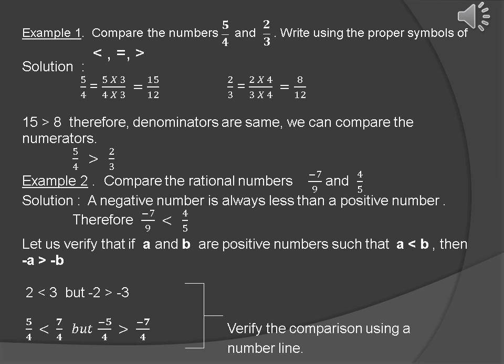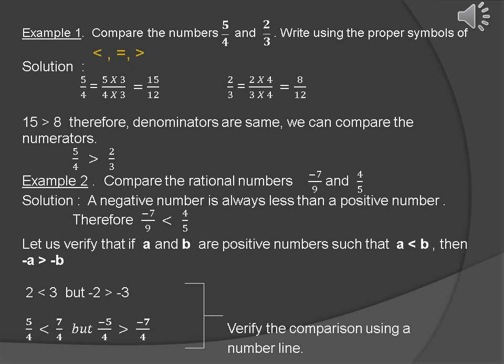First example, compare the numbers 5 by 4 and 2 by 3. Write using the proper symbols of less than, equal to and greater than. Solution, multiply the numerator and denominator by 3. Therefore, 5 by 4 is equal to 5 multiplied by 3 wholly divided by 4 multiplied by 3, which is equal to 15 divided by 12.